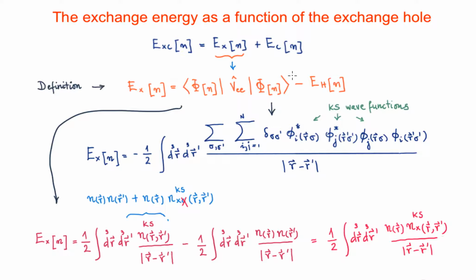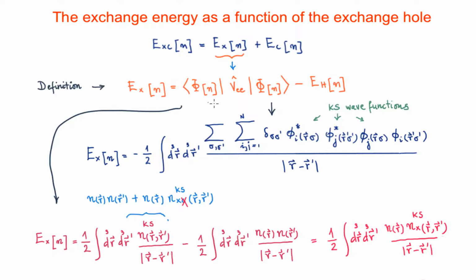And actually, it's very easy to do, very straightforward, in the sense that we just need to follow the same path we followed in the case of the Hartree-Fock approximation, because basically here the Kohn-Sham wave function is a Slater determinant. So we are getting basically the same result, but considering the Kohn-Sham wave functions.